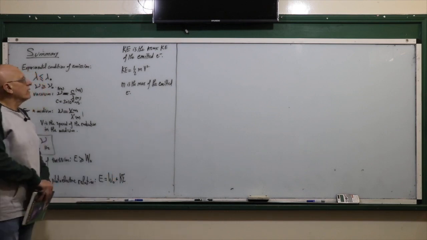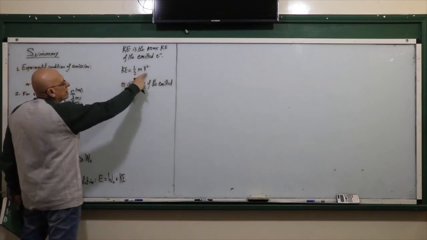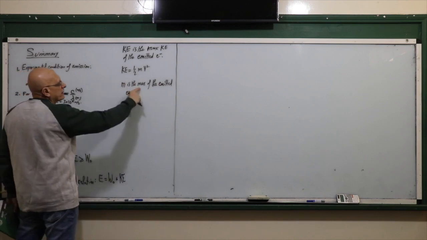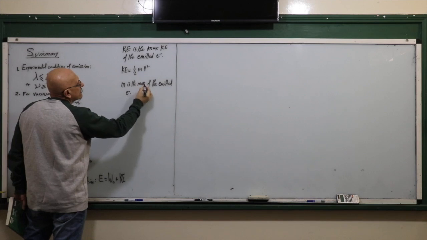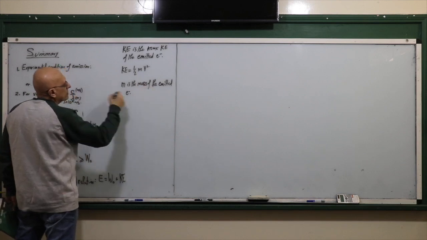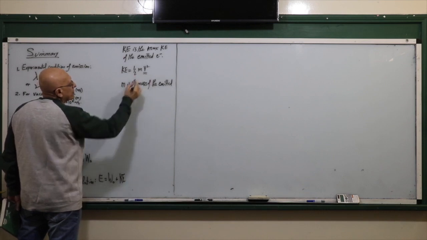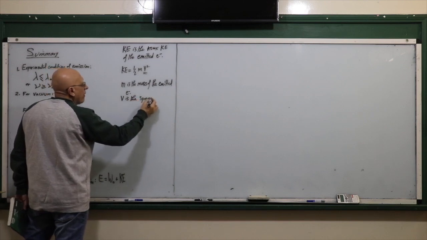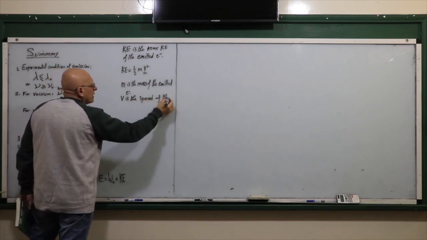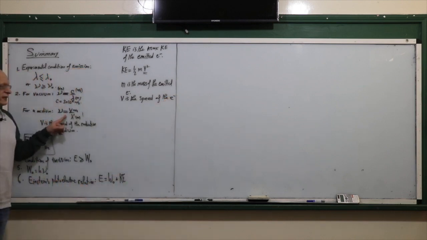The kinetic energy of the emitted electron is equal to half m v squared, where m is the mass of the emitted electron, and v is the speed of the electron. And you should take care about this v and this v.